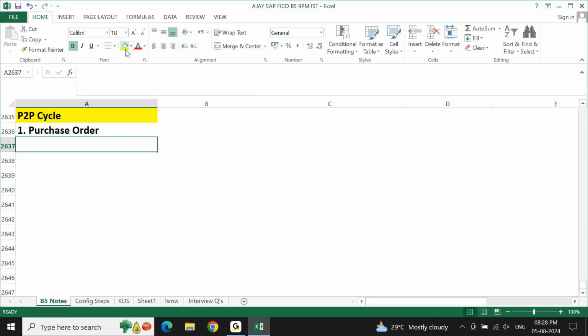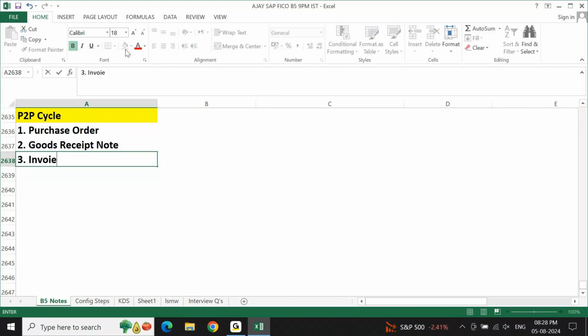First point is your purchase order. Second point is your goods receipt note. Third point is your invoice receipt note.